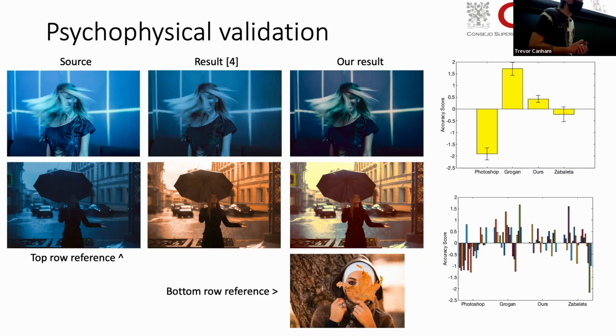So if the accuracy score is like 1.5, like we see with Grogan here, then on average, 1.5 times more people will choose Grogan over the other methods. So it's a kind of relative metric between subjects, right? Yeah, it's all about the relative comparison in two-alternative forced choice.